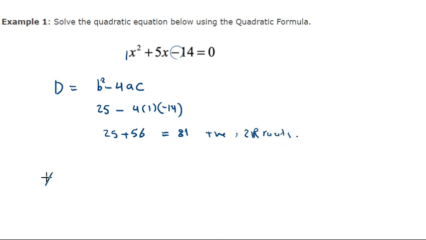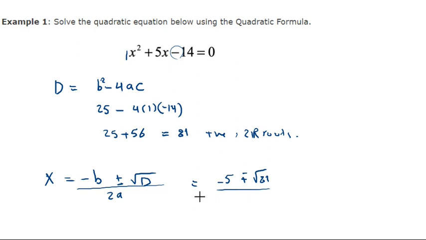Now applying the formula, x equals minus b, always, plus or minus the square root of the discriminant, over 2a. This equals minus b, which is minus 5, plus or minus the square root of 81, over 2 multiplied by 1. This gives us two solutions.